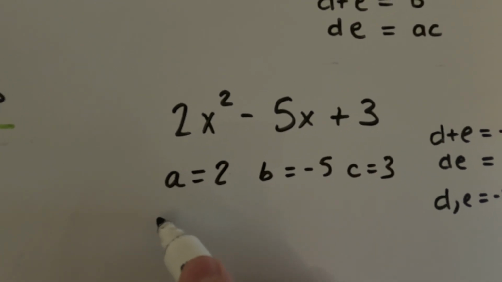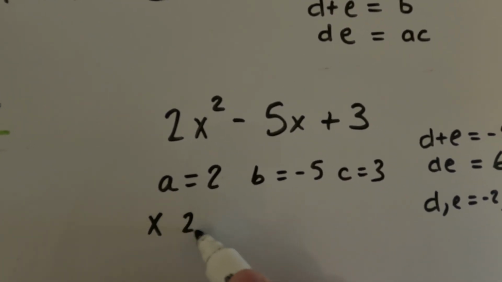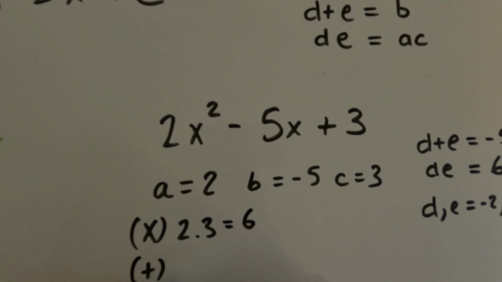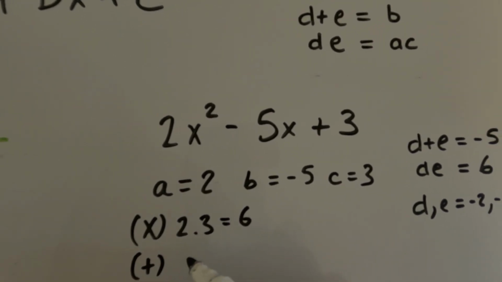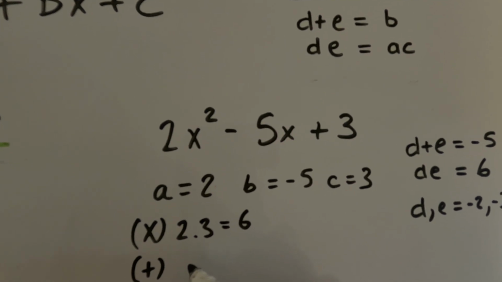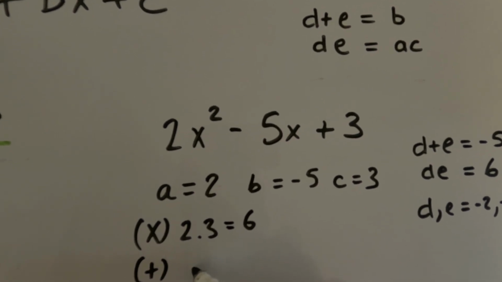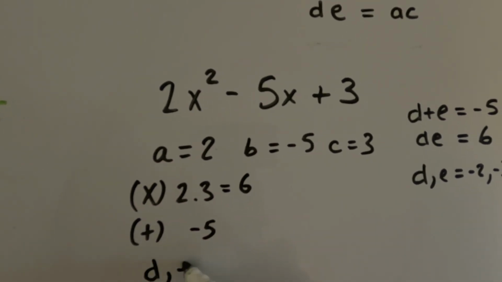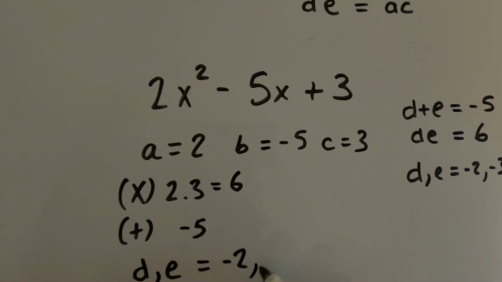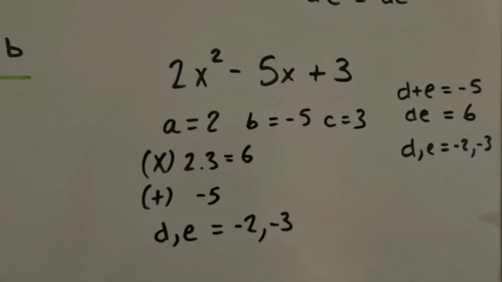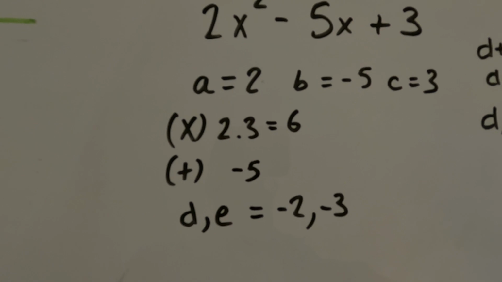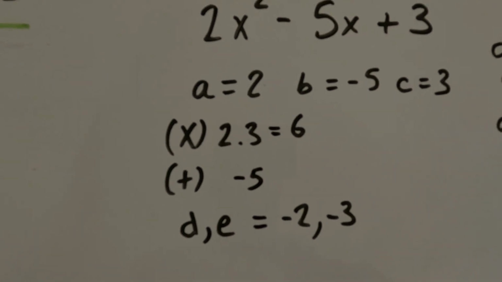So we need two numbers that multiply together to give 6, and we need two numbers that add together to give minus 5. So that means d and e, obviously, will be minus 2 and minus 3. Minus 2 minus 3 is minus 5, and minus 2 times minus 3 is 6.